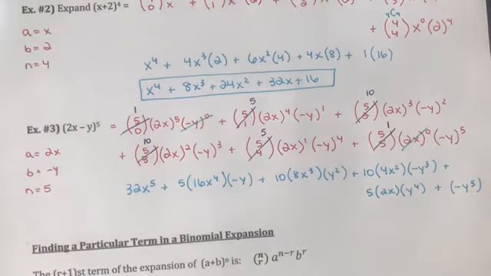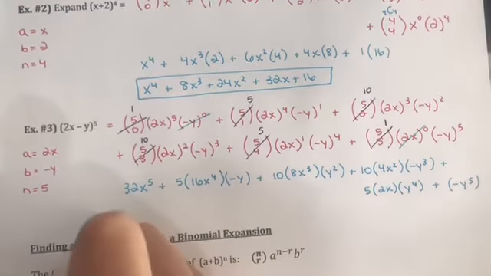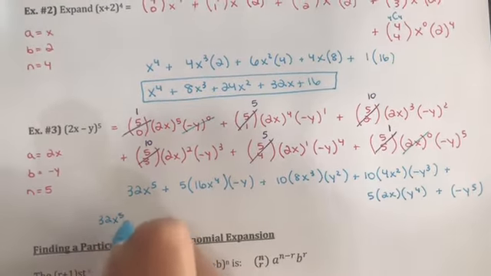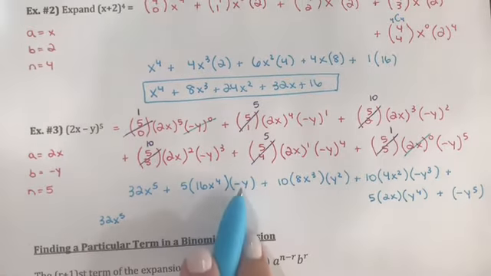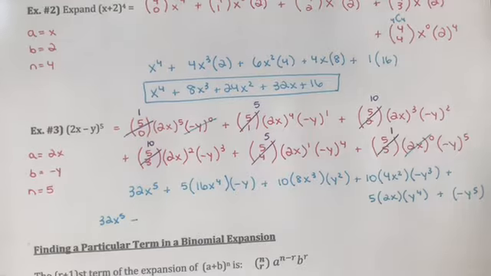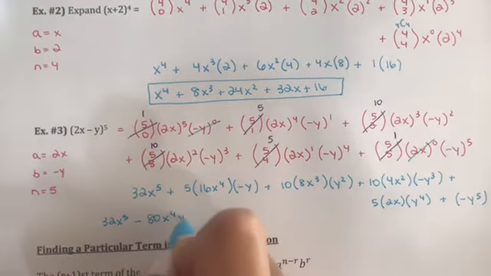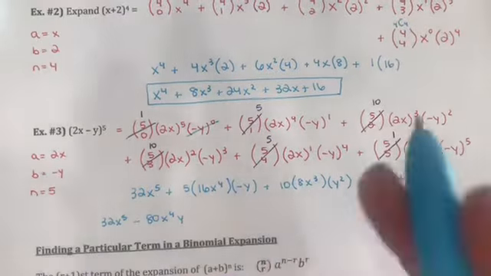Okay, so if I want to write out my final answer, I'm ready to just multiply out each individual portion. I've got 32x to the 5th. Notice I have a negative here, so it's going to be minus 5 times 16 is 80. X to the 4th, y. I've got another 80.